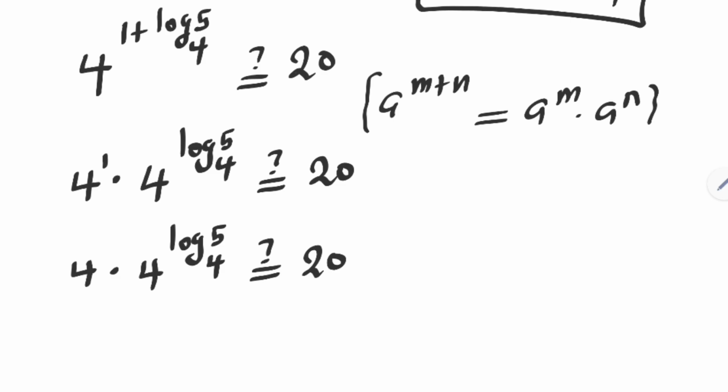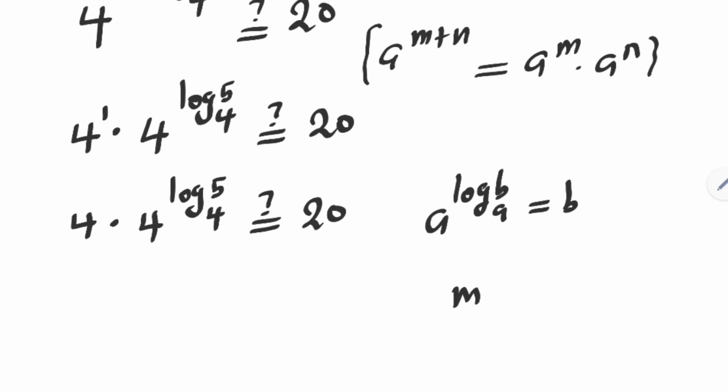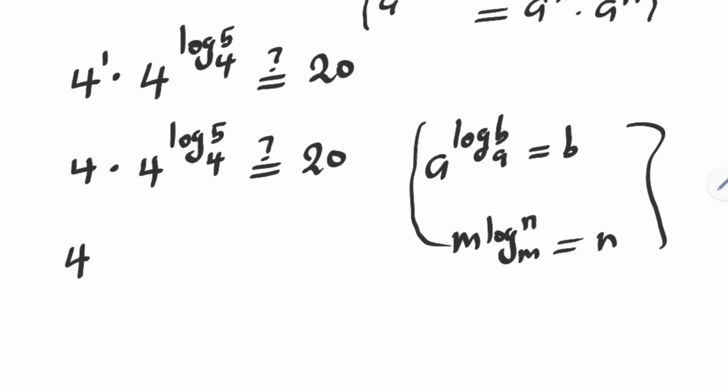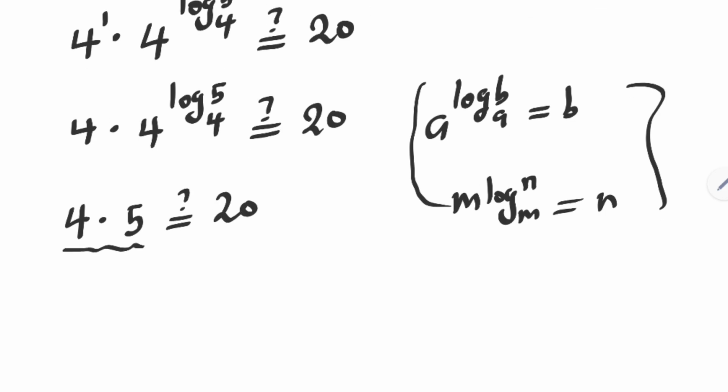If you have a raised to power log b base a, this is equal to b. Then if you have m raised to power log n base m, this is equal to n. Therefore, we have 4 multiplied by the whole of this is 5 must be equal to 20. And 4 multiplied by 5, this is 20, is equal to 20, which is true.